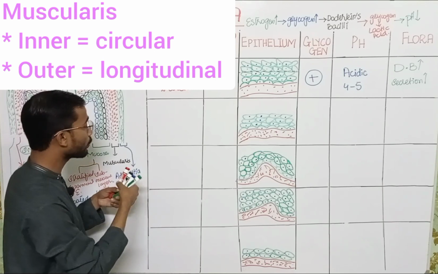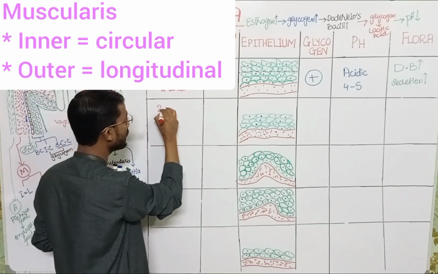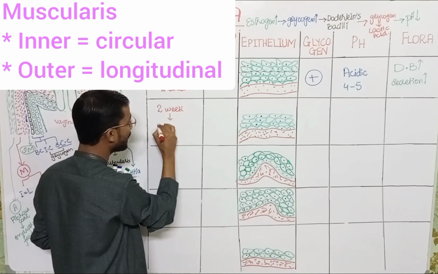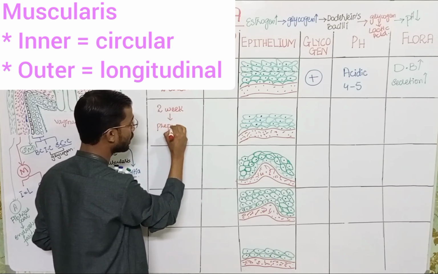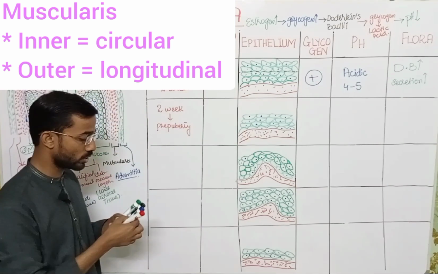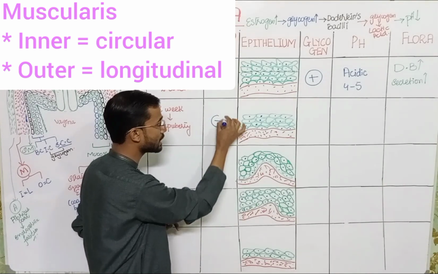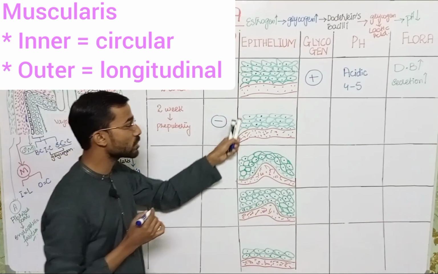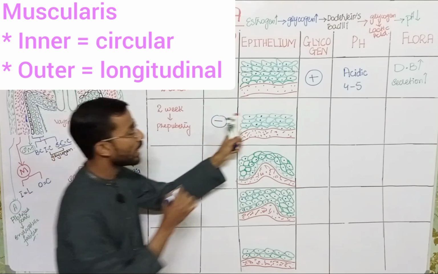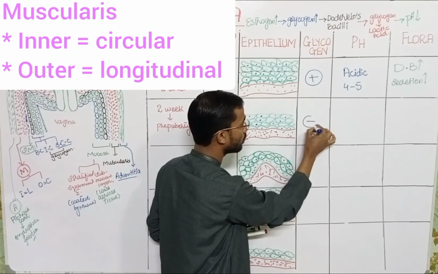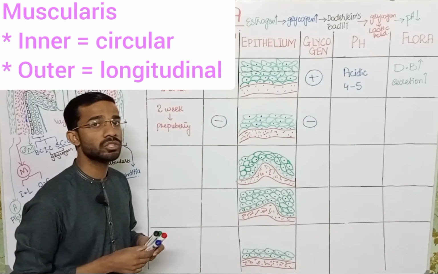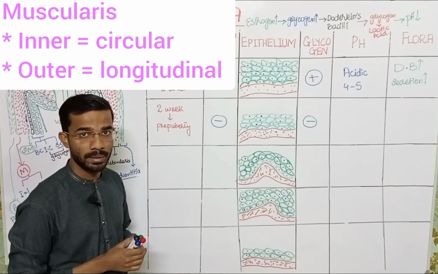Next, from the second week to pre-puberty, you will see there is no estrogen in that case. The level decreases, this is a negative effect, and the thickness will be reduced. And in that situation, if there is no estrogen, then the glycogen will also be decreased. And if there is no glycogen, then this is not a favorable condition for the Doderlein bacilli.